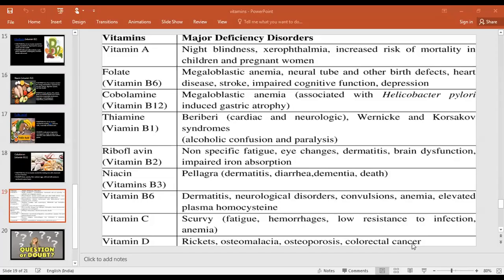So I have given the major deficiency diseases caused by the different vitamins. Vitamin C deficiency is scurvy, vitamin D is rickets, B6 is dermatitis, thiamine B1 is beriberi, cobalamin or cyanocobalamin is megaloblastic anemia. Folate is megaloblastic anemia. So folate is B9 and cyanocobalamin is B12.